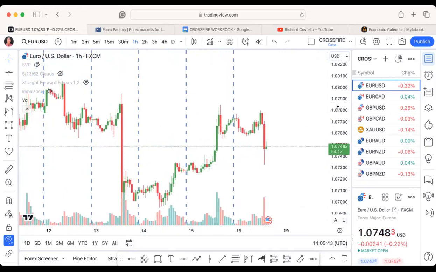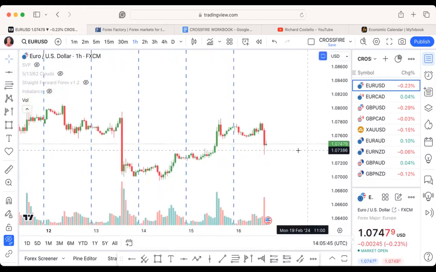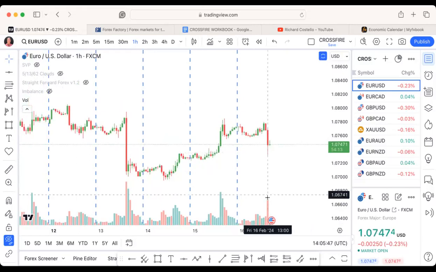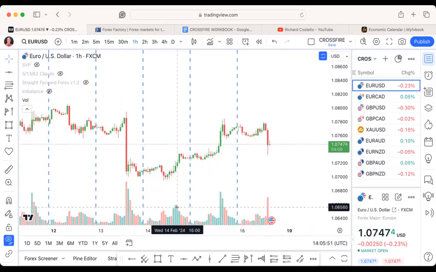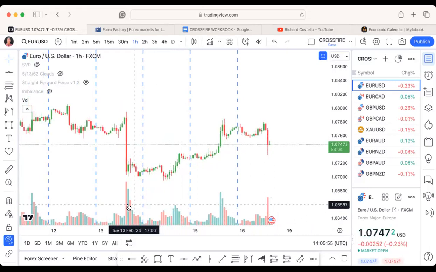If you're looking to do any back testing, it's a good idea to see where the peaks occur each day on your Forex pair of choice. On the US pairs, it generally is 1 to 2, maybe 3 o'clock. Before that it's fairly low, and after that it's fairly low.